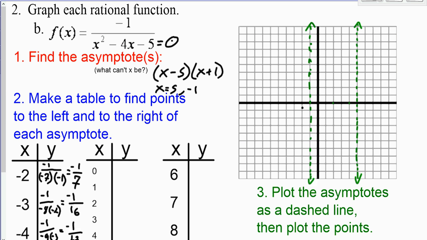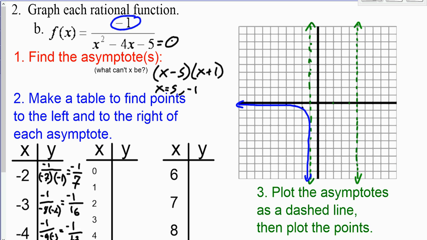And as I'm at negative 3, I get smaller and smaller. And so as I'm graphing this, it's never going to be positive because I always have this here being positive. So I am going to keep this, and I get infinitely close to the asymptote without ever crossing it.